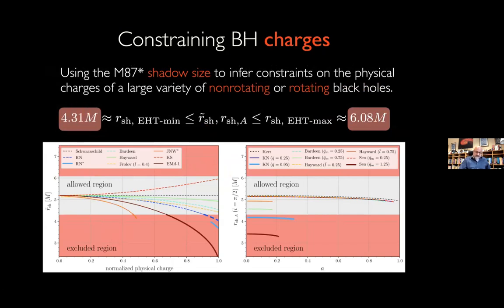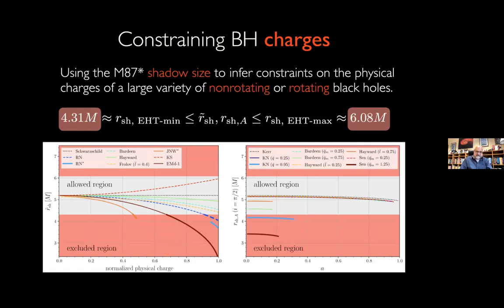And then check which black holes are within this region. You can see that most black holes are within this region, but there are some black holes like this doubly charged black hole, which has certain values of the charge which are incompatible with the observation.